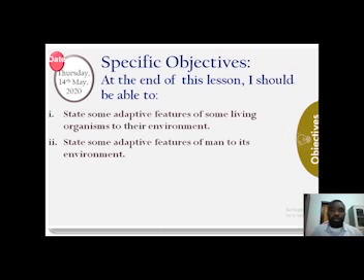When we bring a frog from the water and keep it on land, what happens? What is that feature that man, you and I, have that makes us survive? So that is your assignment.